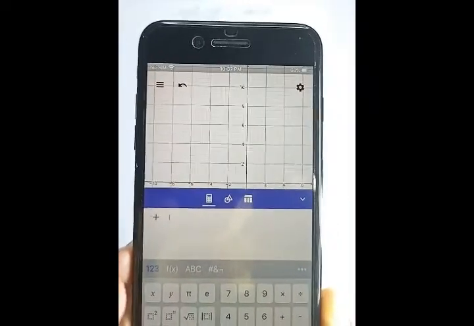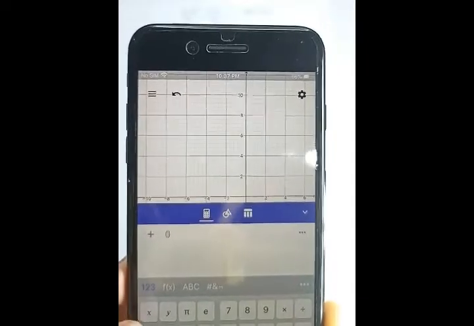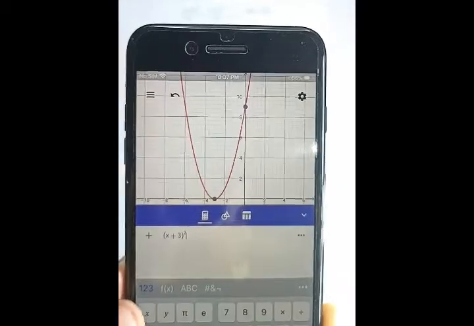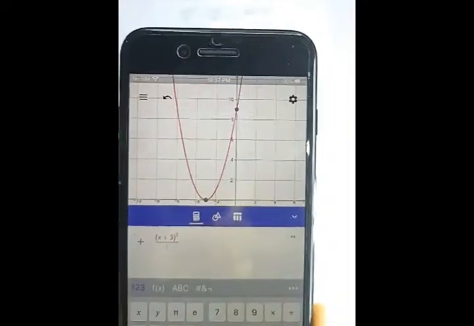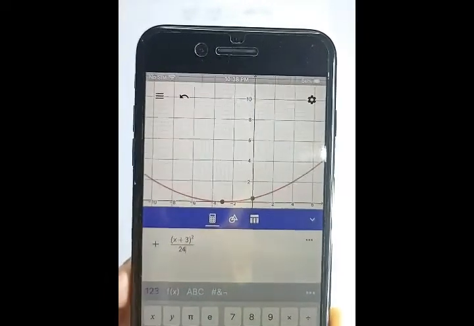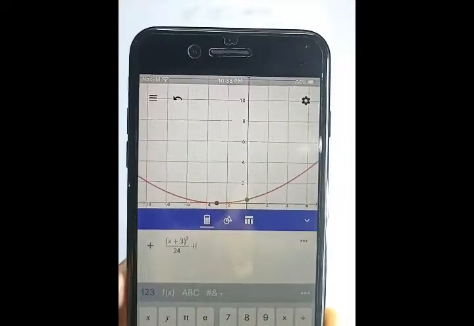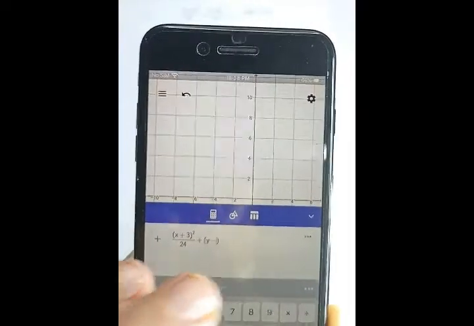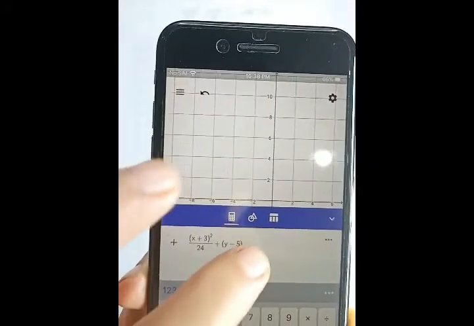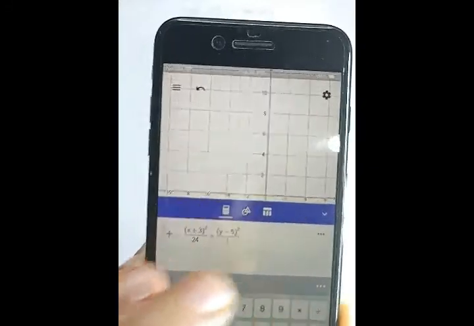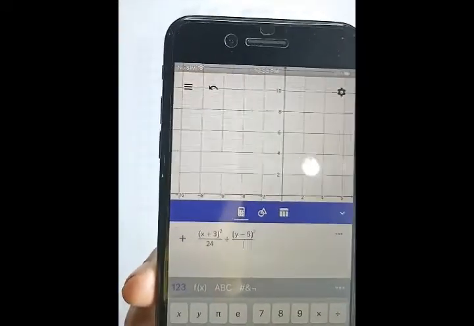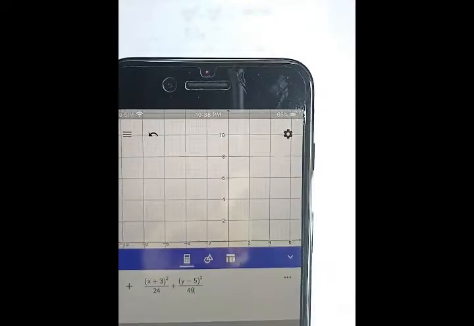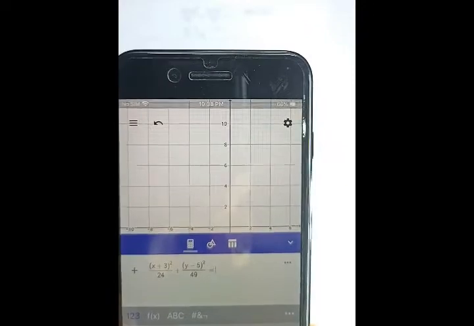So, ang x plus 3, naka-parenthesis siya. x plus 3 squared divided by 24 plus then another parenthesis y minus 5 squared divided by 49 equals 1.